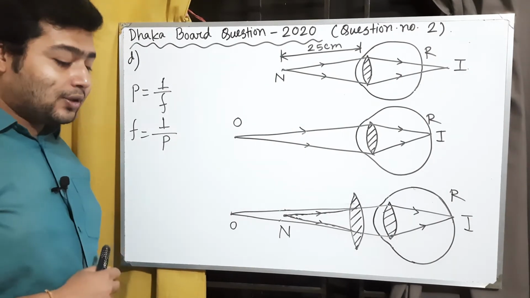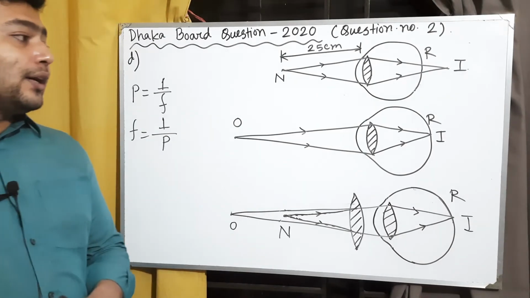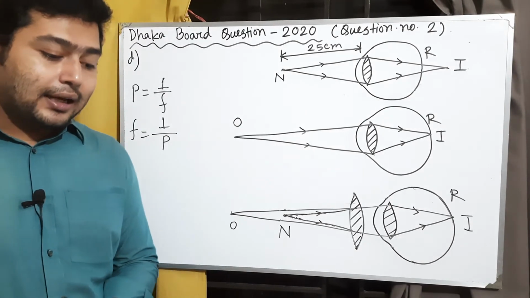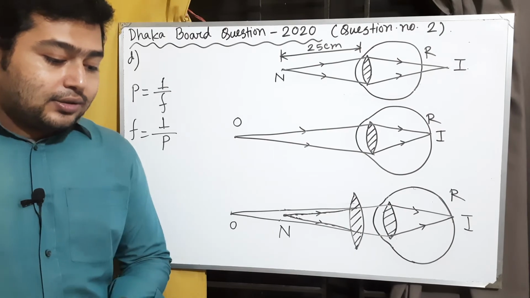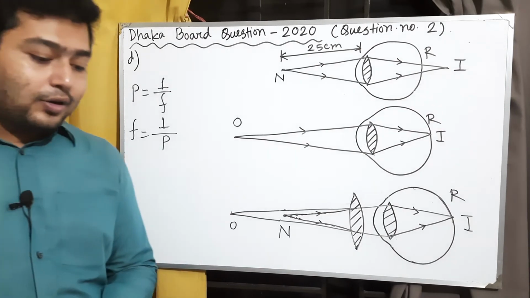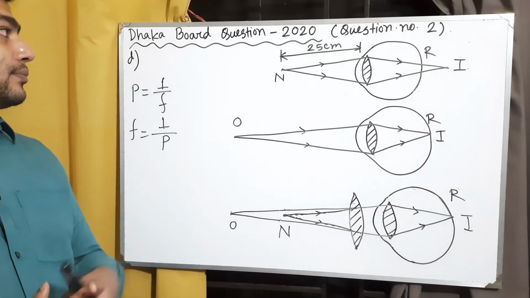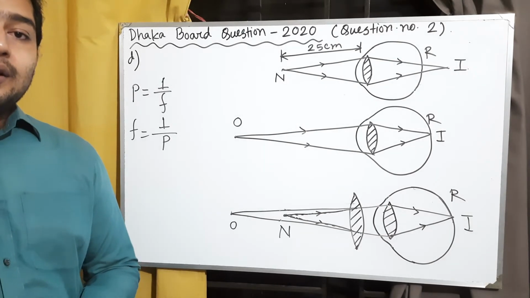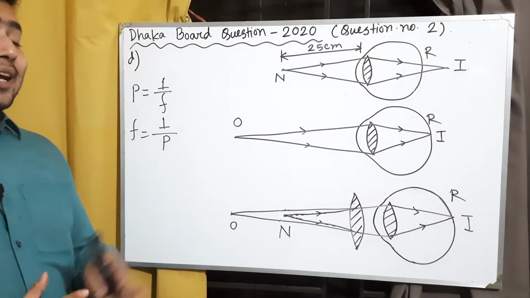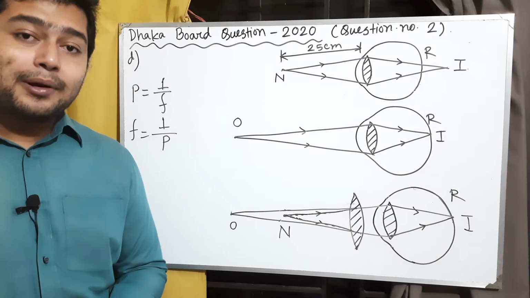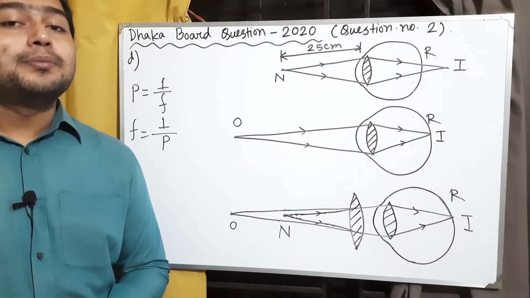Now firstly we will discuss the causes of this eye problem. This eye problem is hypermetropia.